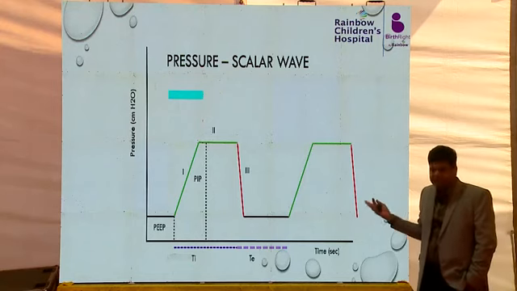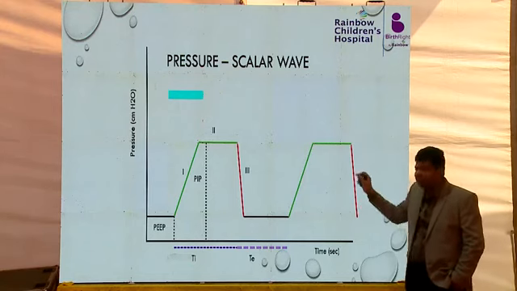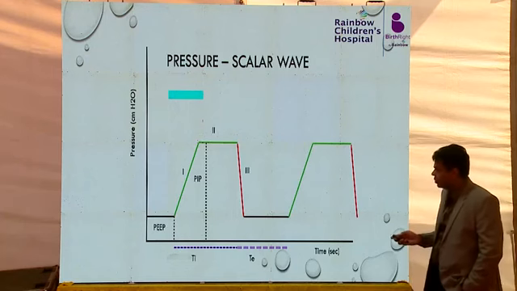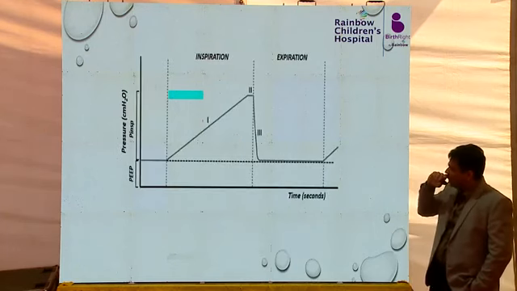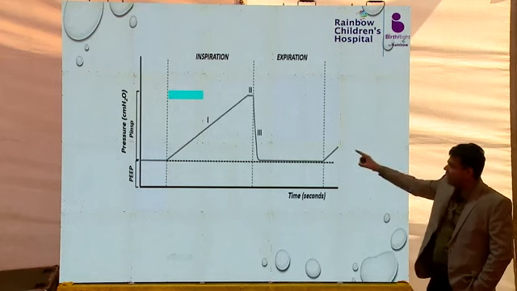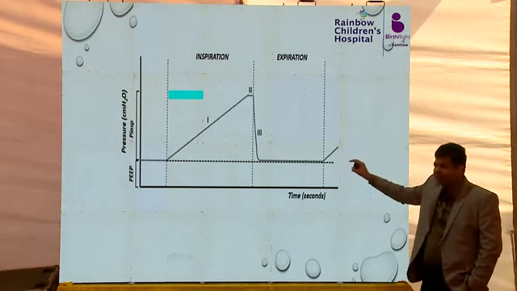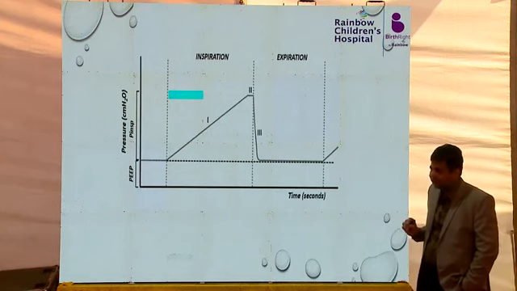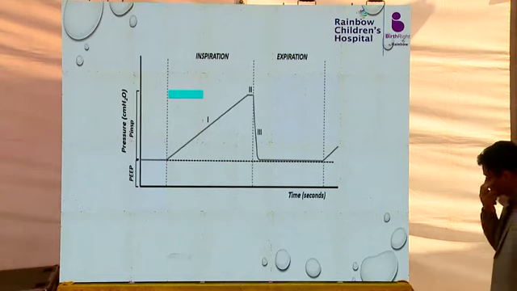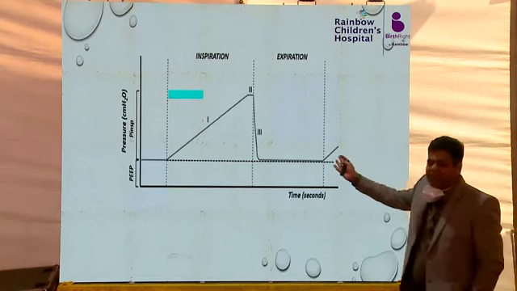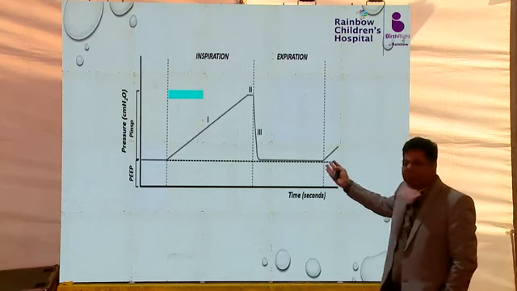The flow waveform will tell you whether your TI is adequate or not. Okay. So what is there in this graph? This is pressure against time.